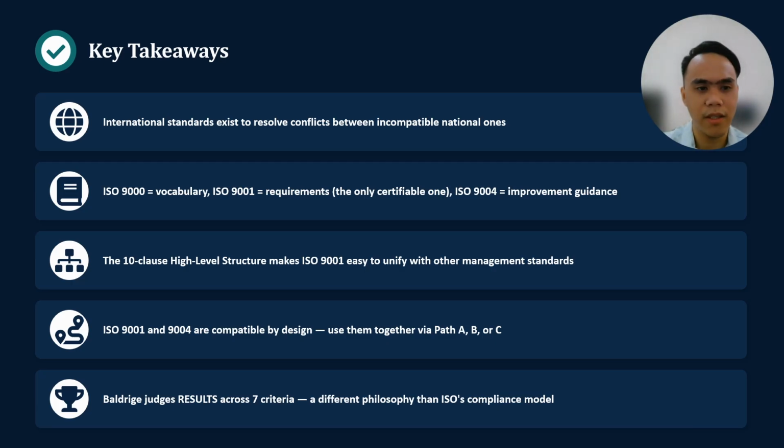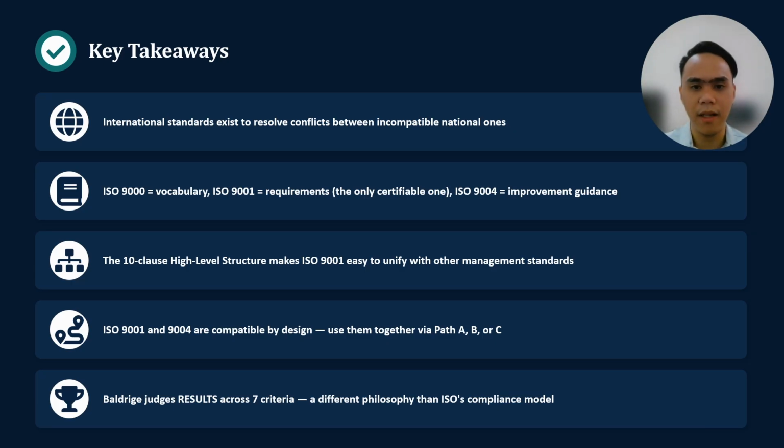Fourth, ISO 9001 and ISO 9004 are compatible by design and not competing options. Whichever of path A, B, or C matches your organization's starting point, you can use both standards together rather than having to choose one over the other.